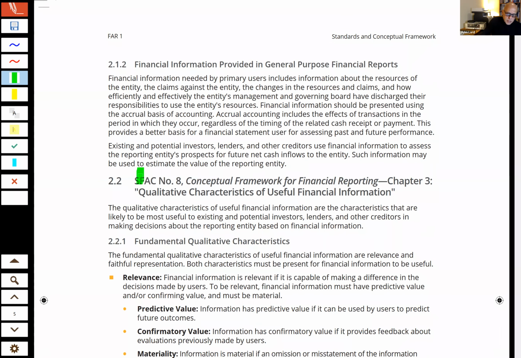This is concept statement number 8, by the way, guys, which we just looked at, information that's contained in chapter 1 of the concept statement. You don't have to worry about the chapters, but if it said statement on financial accounting concept number 8, that's the omnibus one, in which they've included various chapters of information that the exam may ask us about. In chapter 3, they talk about fundamental qualitative characteristics.